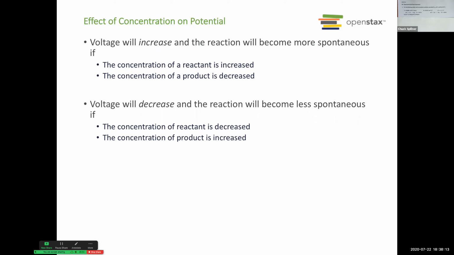On the other hand, if you decrease product, you can also force electrons to move towards the cathode, and the voltage will also increase. If you increase product, or decrease reactant, you're going to decrease voltage, because you force the reaction to shift back towards reactant, which slows it down. So these are some qualitative aspects of what you can do with concentration.